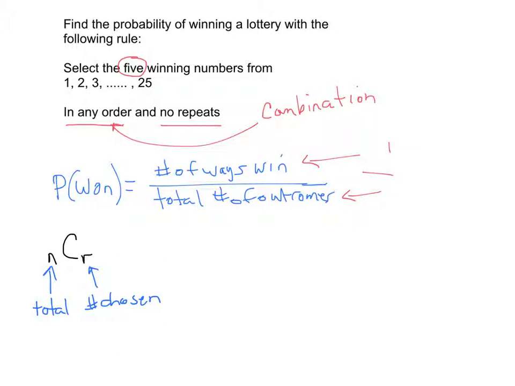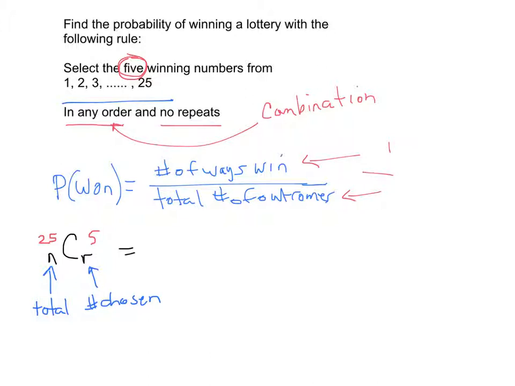In this case, our total number of values is 25, so my n in my example is going to be 25, and then the r is how many I'm choosing at a time. Well, they told you, you're picking 5.